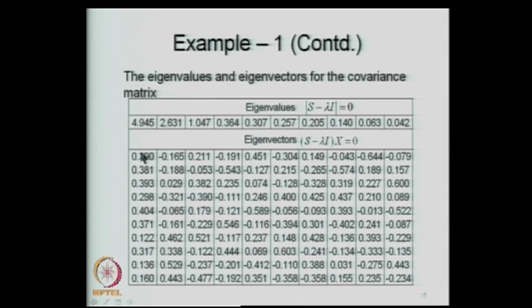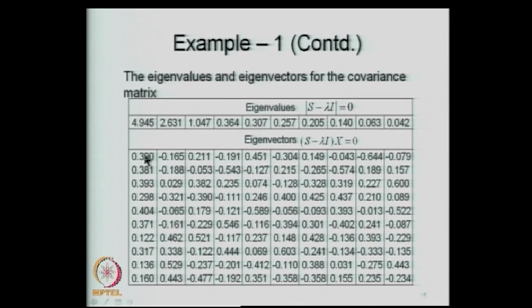Okay, let us not get confused. This is principal component number 1, which is eigenvector number 1, principal component number 2, number 3 and so on. There are 10 such values here. Now, we will see how much percentage of variance is explained by the first eigenvector, the second eigenvector, the third eigenvector and so on.